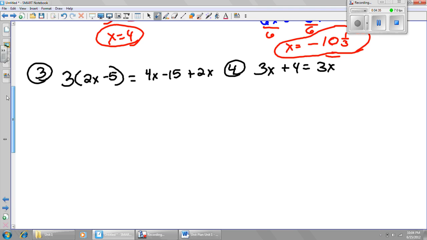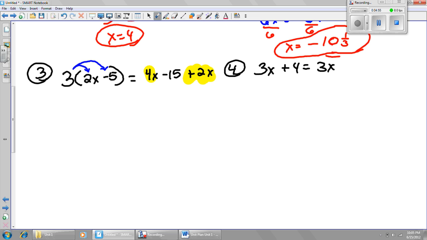Numbers 3 and 4 are going to be very special cases. Number 3, I'm going to go ahead and distribute on the left-hand side. On the right-hand side, I'm going to combine my like terms, my 4x and my positive 2x.